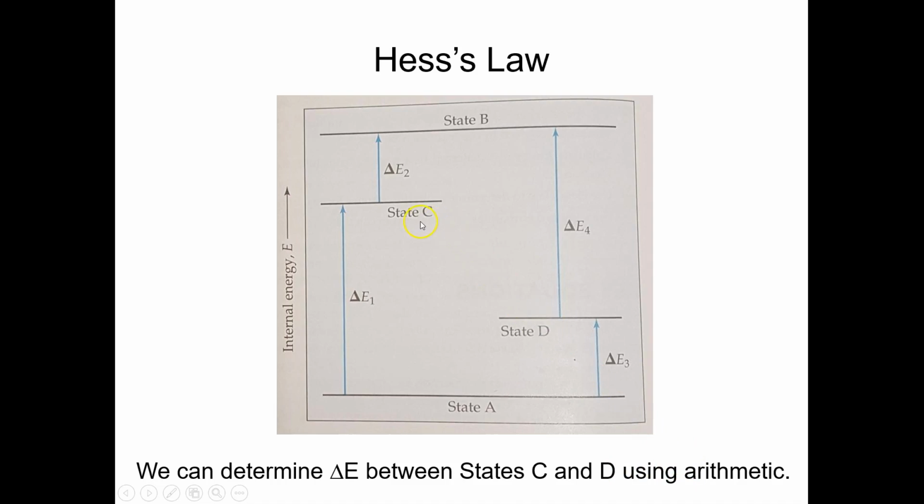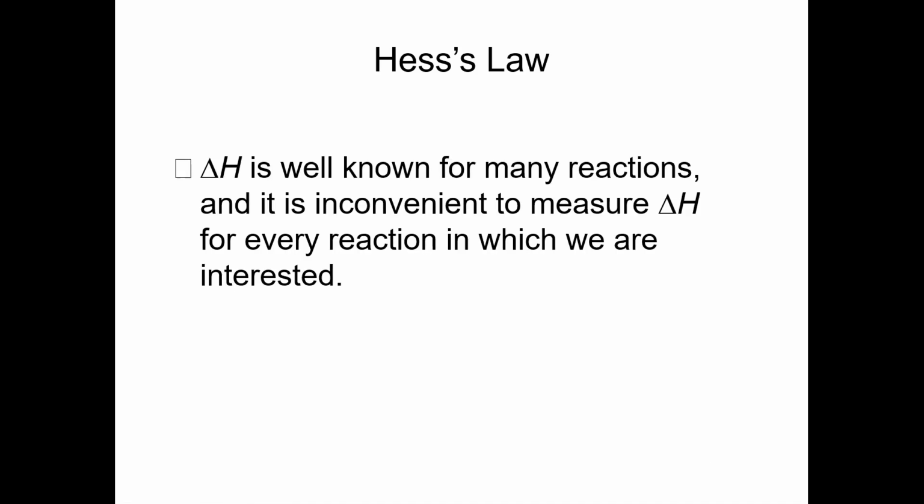And again, if we transfer this over to enthalpy, which we're going to start talking about now, we could determine delta H for a reaction that we never actually run by using delta H values from other reactions that we have run. Let's take a look at some examples of this.